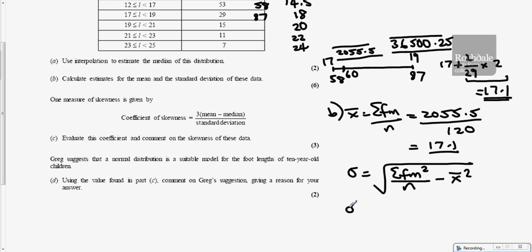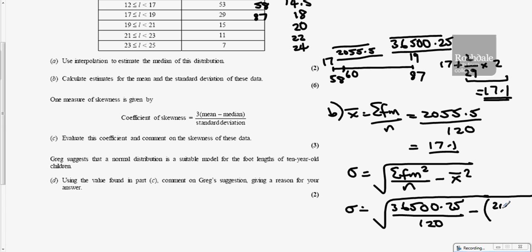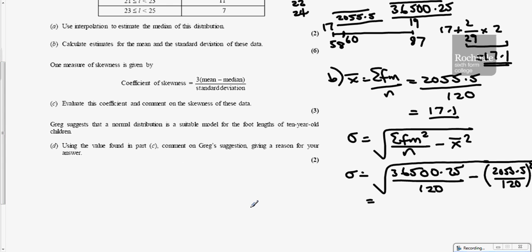So we would have that large total from the top, 36500.25, divided by the number of values, which is 120, take away, I'm going to use the full mean, and if you work that out using your calculator, you should hopefully get 3.28 to 3 significant figures. So lots of work there, but 6 marks, and actually 6 relatively easy marks if you've learnt your formulae.